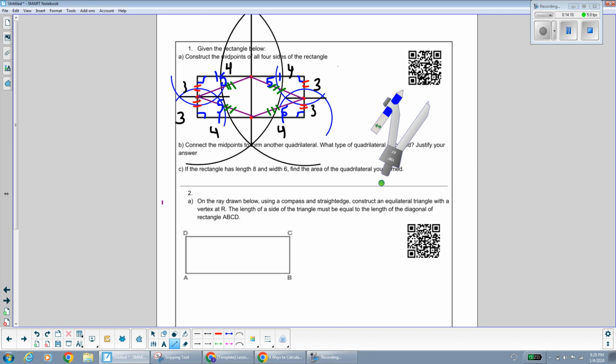So from here to here, this diagonal is the same length as the side of the rectangle, which is 8. And from here to here, oops, this computer is annoying.